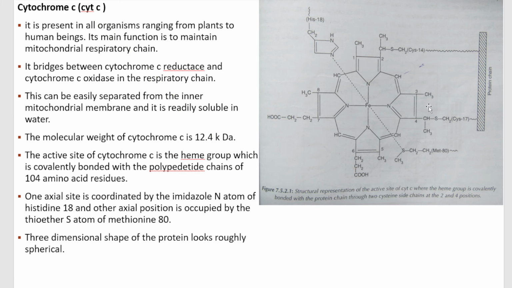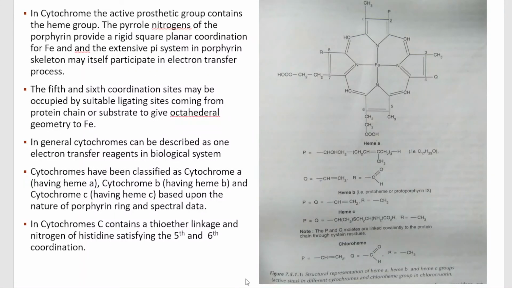You can see that this backbone is the same, but here the fifth and sixth coordination on iron is satisfied, one by the thioether linkage and one by the nitrogen of the histidine. That is the difference between the other two cytochromes and cytochrome C.